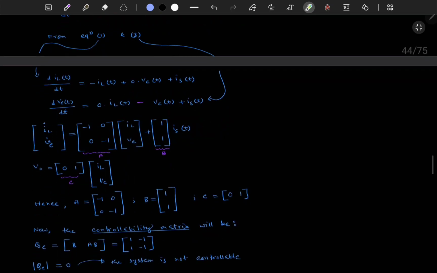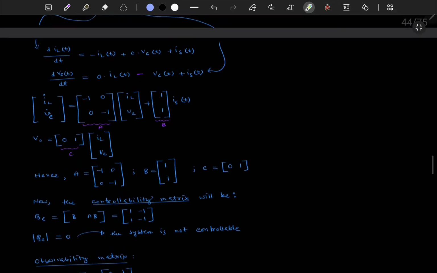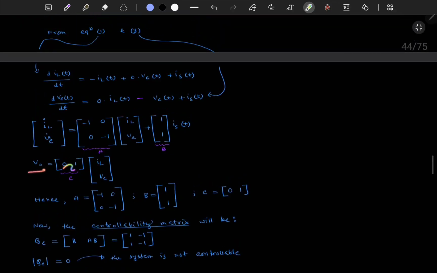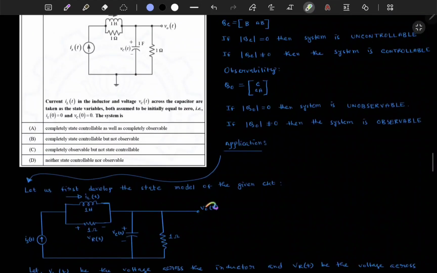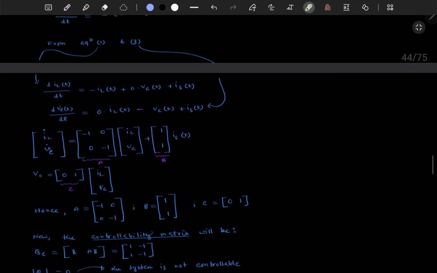So VO is 0 1 times IL VC, because VO equals VC only. We have seen that this VO and this VC are the same, the same voltage drop. So if you multiply these two matrices, you will get VC only.